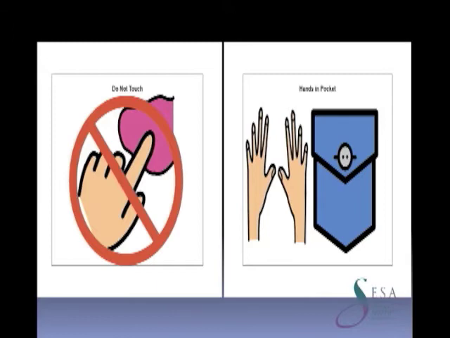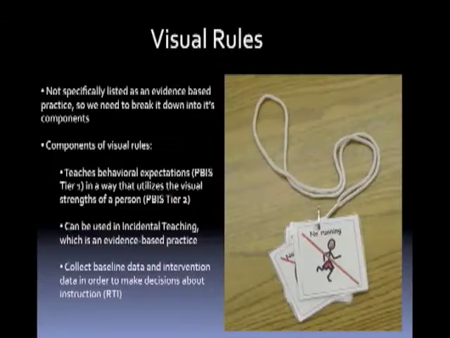These were made for hallway rules. So we're going to say, do not touch, but what do I want you to do instead? Put your hands in your pockets. So if you have a little guy who may be walking down the hallway in elementary school and there's all kinds of interesting things to touch and grab on the walls, this could be something you could even post in the hallway and say, do not touch, put your hands in your pocket.